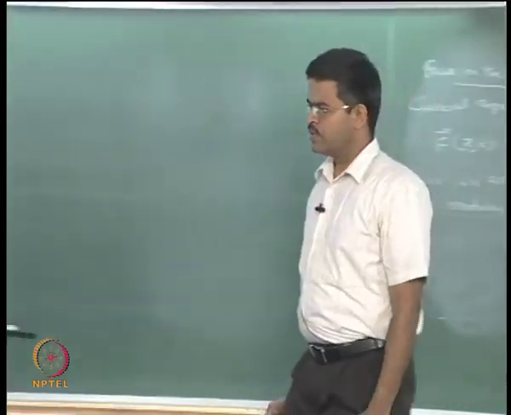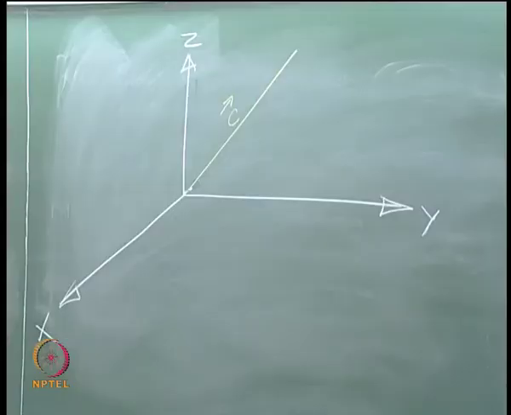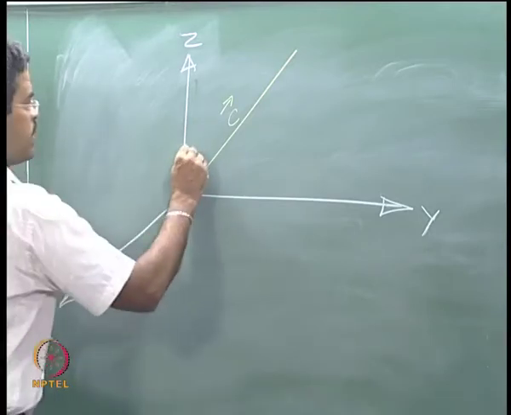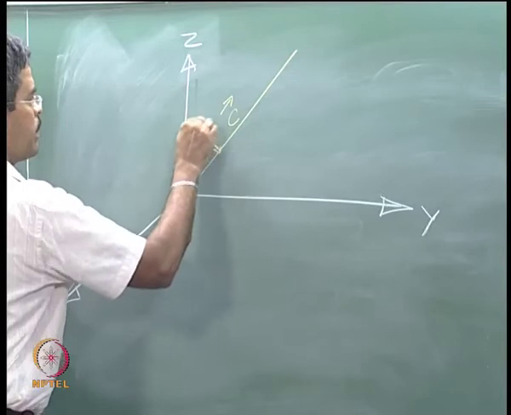Let C be the component along the member, and the angle which this member axis makes with Z is alpha.